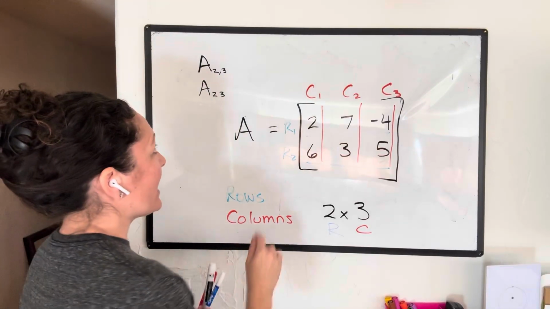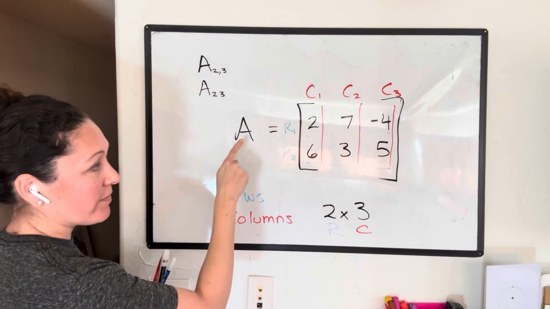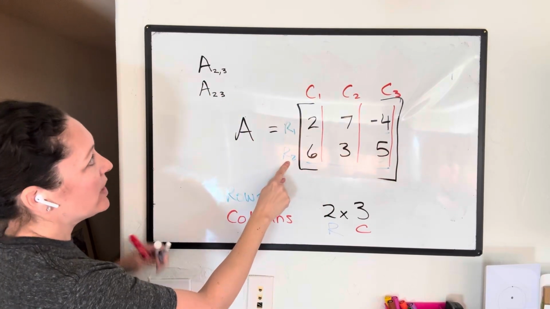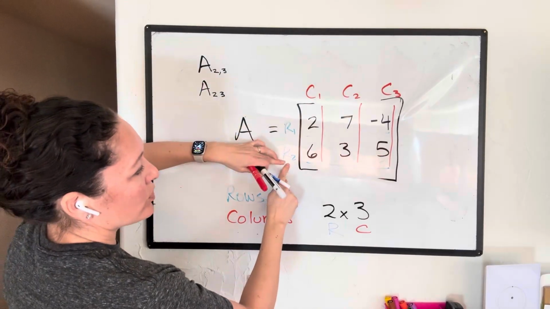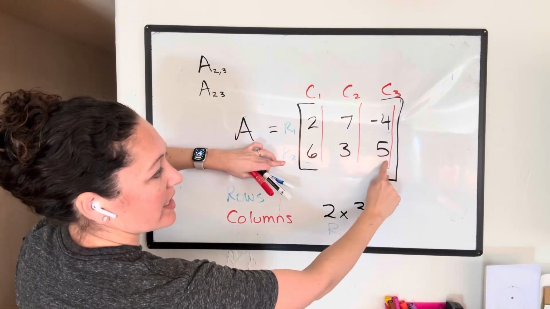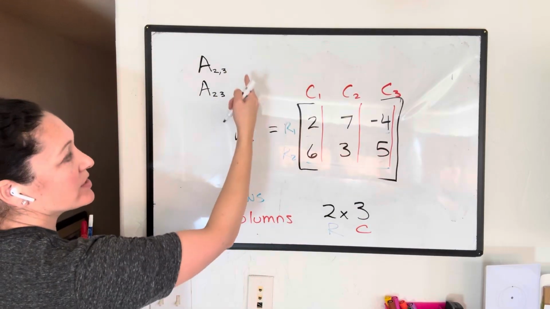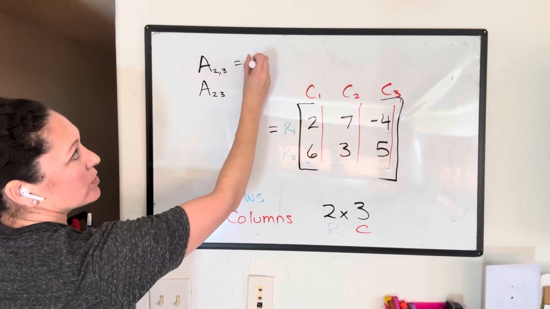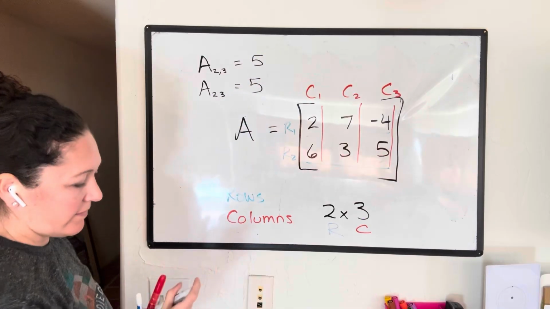The way you're reading that is that 2 is your first part, which is your row, because you're always reading the rows first. So this is row 2, and then 3, column 3. So if I go to row 2 and column 3, my number is 5. So element A, 2, 3 is equal to 5. Or you could write it out like this, equal to 5.